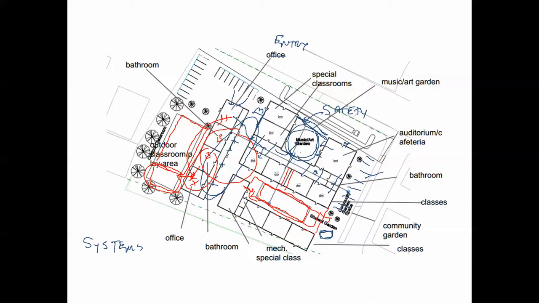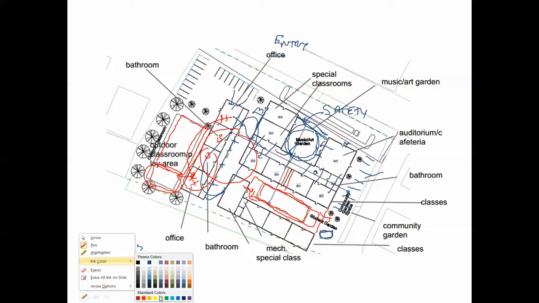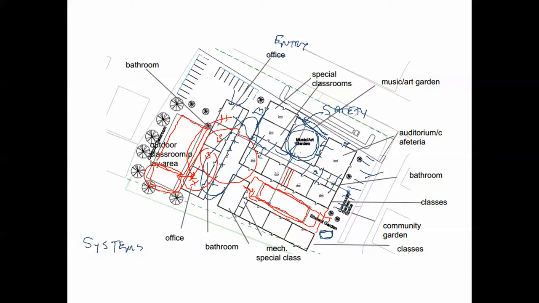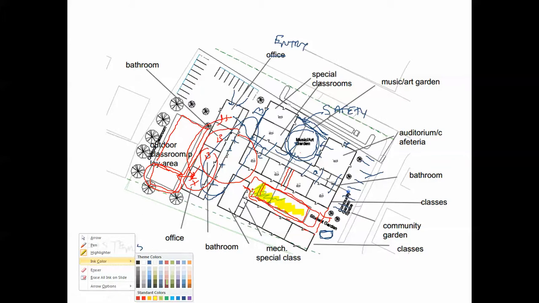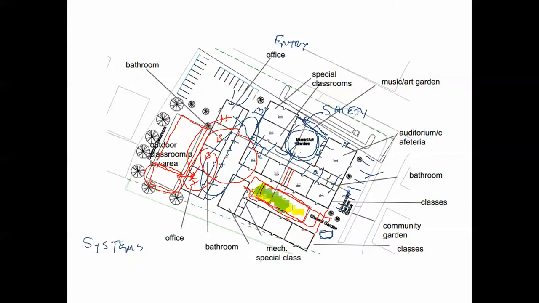So this becomes green space, and I'm going to see if I can get better control of this. So now I've got this nice little green, oh, I want to get a different kind of pen, I'm sorry. So I've got green space here, I've got green space here, I've got green space here.